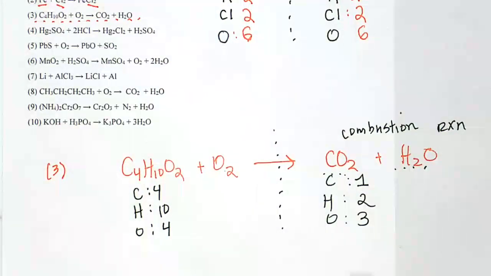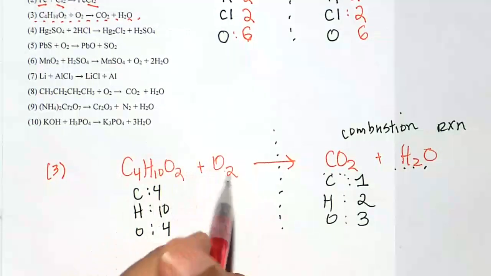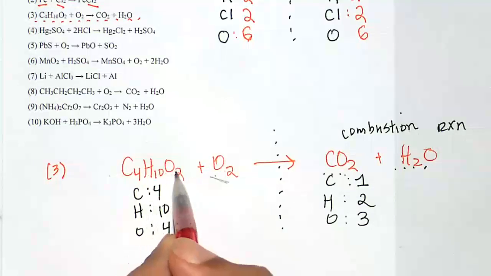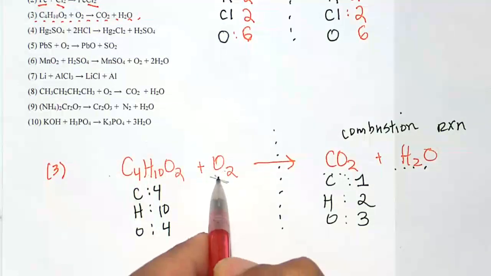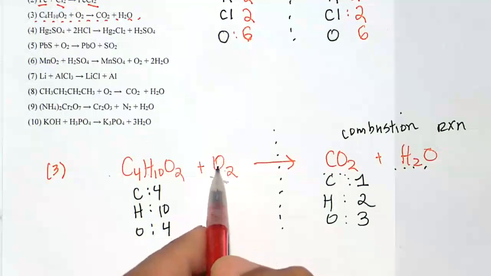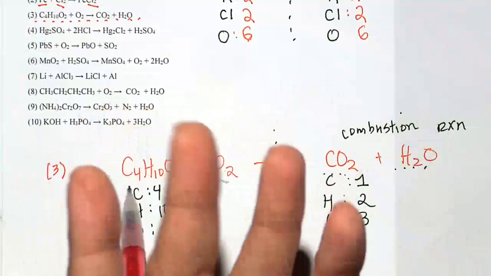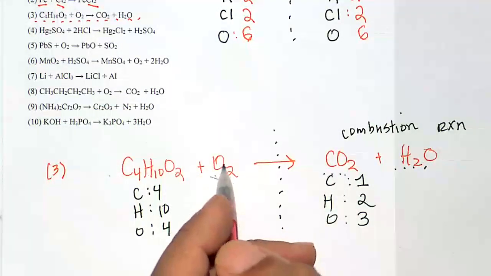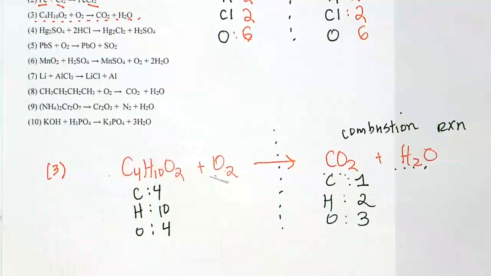To me, I like to balance this last. Why? Because it's a loner. If I put a number here, that's going to mess up hydrogen and oxygen. But if I put a number here, it's only going to mess up oxygen, and I can do it at the last. It's kind of like the last thing to balance everything out. So I like to balance the loners last, if I were to give you a trick.